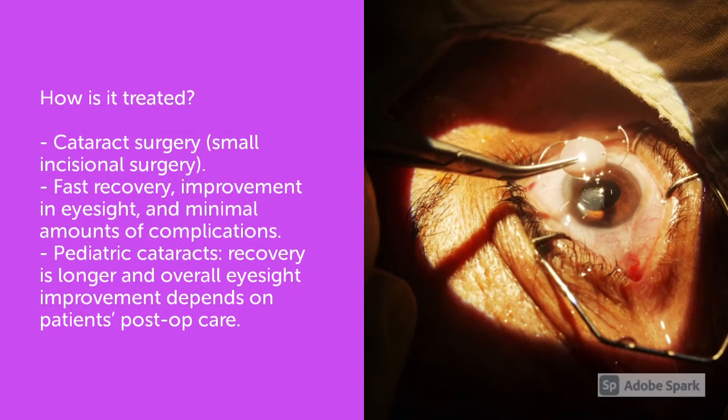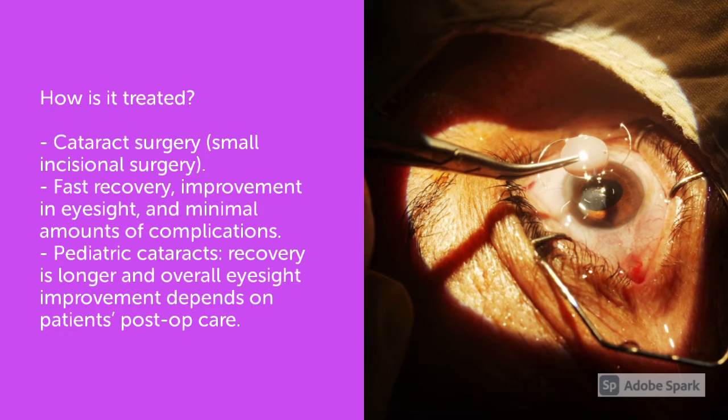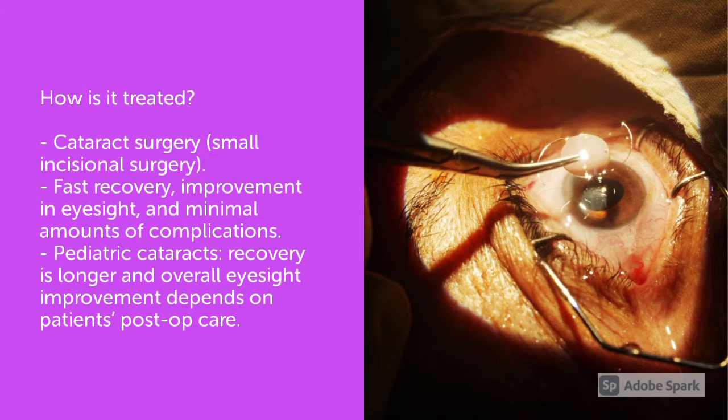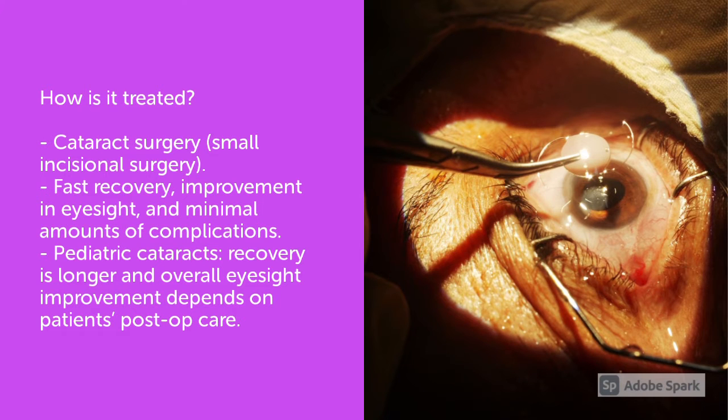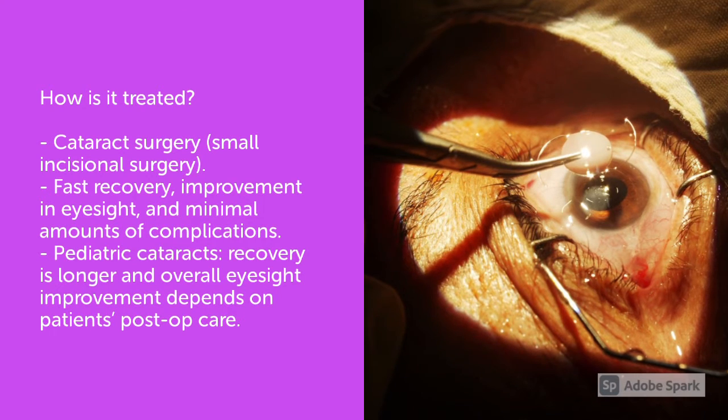How are cataracts treated? Cataracts are treated by cataract surgery, which is a small incisional surgery, and this gives fast recovery, improvement in eyesight, and minimal amounts of complications to patients. Although if they suffer from pediatric cataracts, which is not age-related, the road to recovery is longer and their overall eyesight improvement depends on their post-op care.